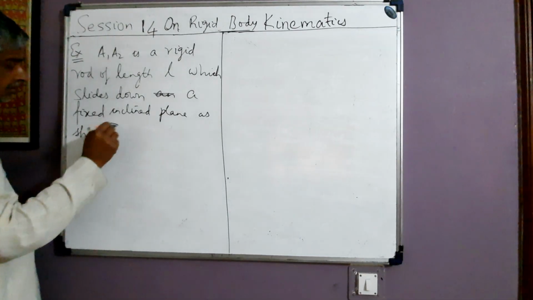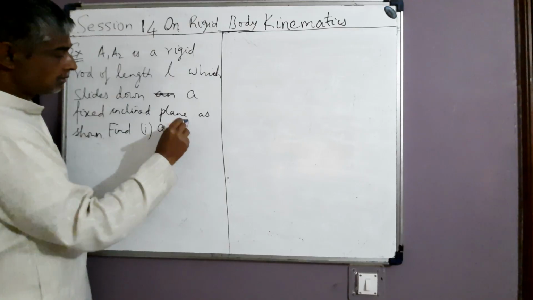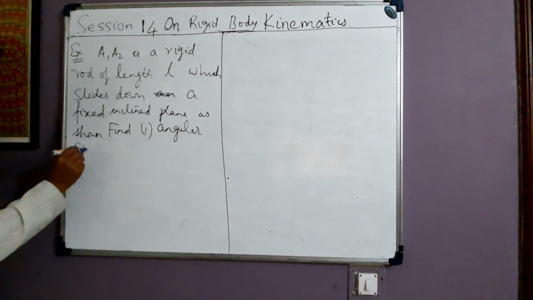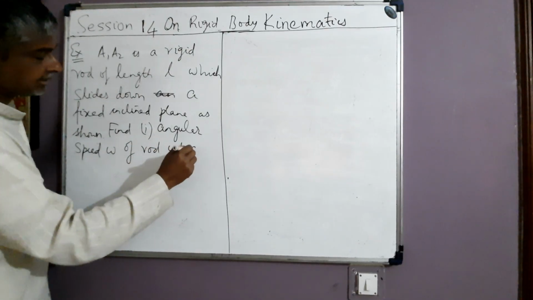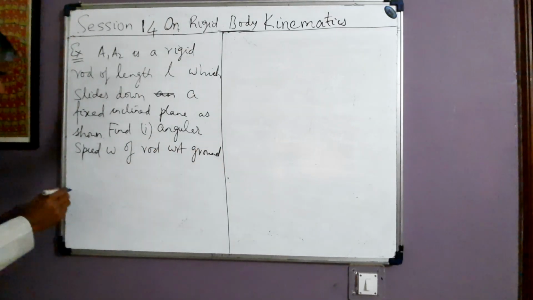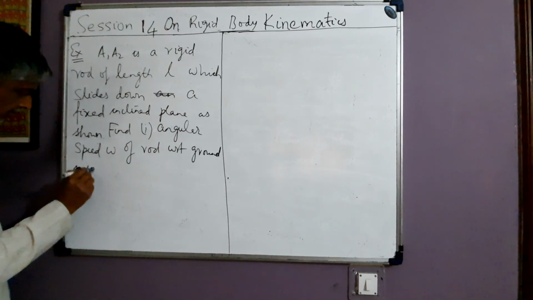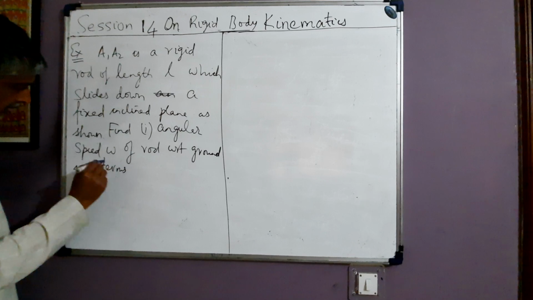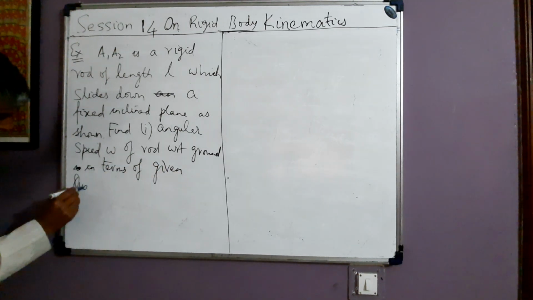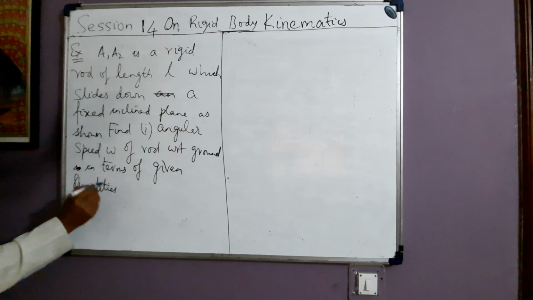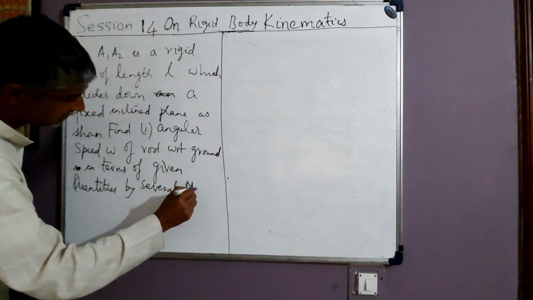We have to find two things. Find first the angular speed omega of rod with respect to ground in terms of given quantities by several methods.